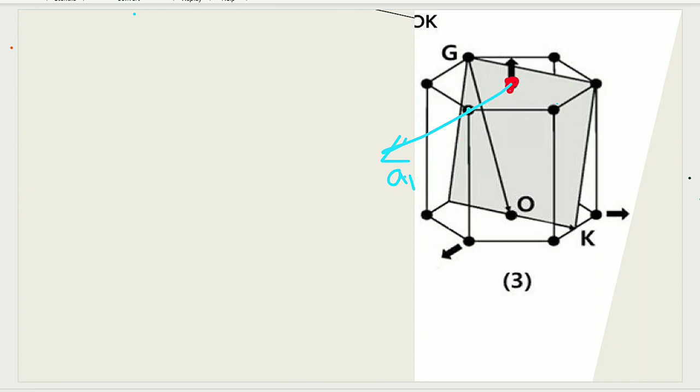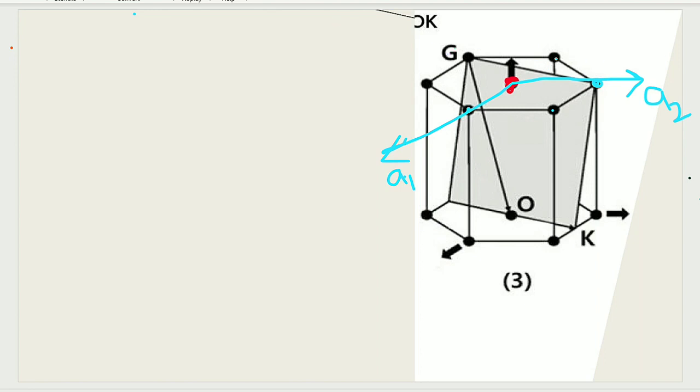Leaving the next corner untouched, this one corner, starting from origin, and here we go. These lines should be straight, as I told you people. This is the a2 axis.